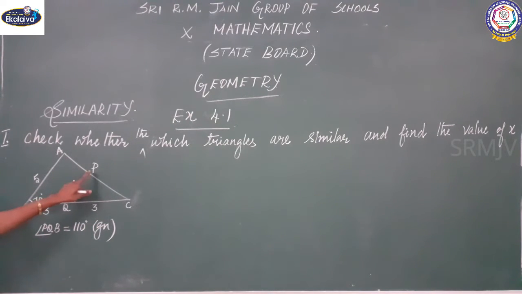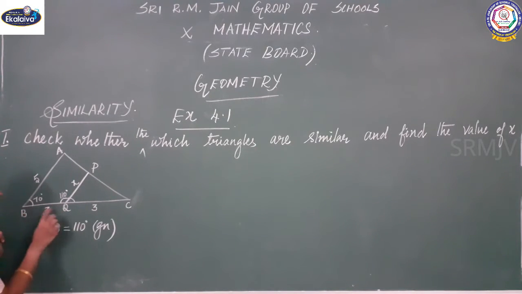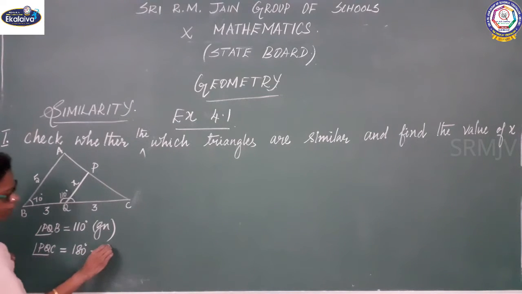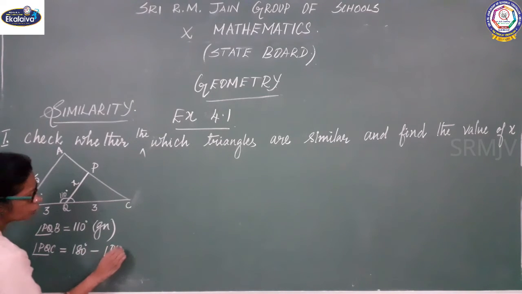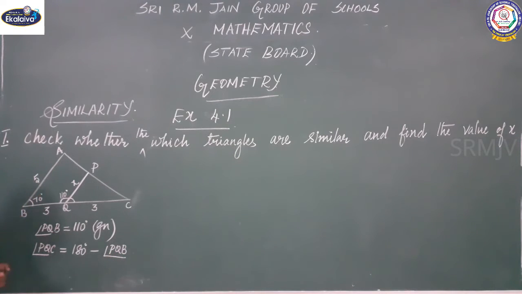Right? Angle PQB is 110 degrees. Here BQC is a straight line. So if it is 110 degrees, what is the measure of this? See here, angle PQC equals 180 degrees minus angle PQB. Got it, children?